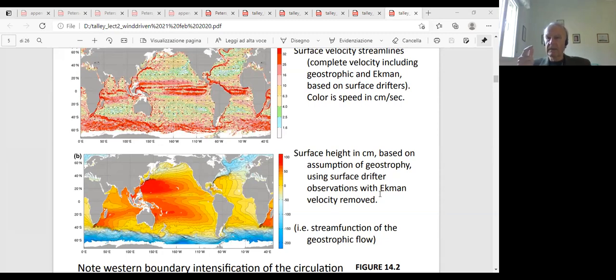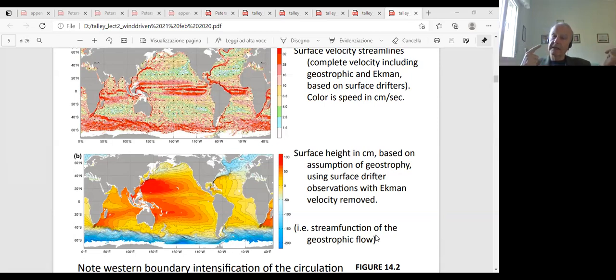Then, from the geostrophic balance, we reconstruct the sea surface pattern. So you have the equation of motion with the geostrophic balance. On the left-hand side you have the Coriolis force, which contains the velocity. On the right-hand side you have the sea surface gradient.